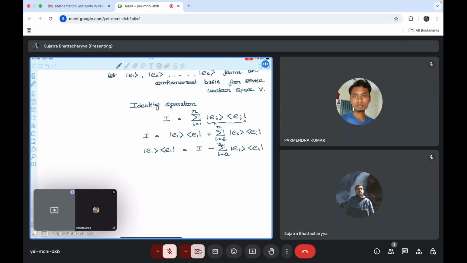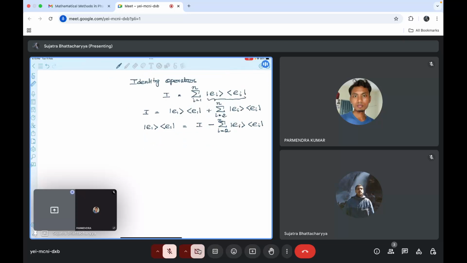And I am calling this a projection operator P1, which is defined like this. Sorry, this is E1 and this is E1 again.